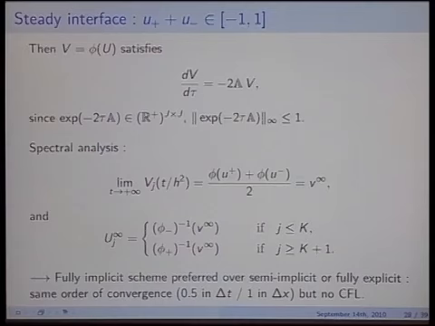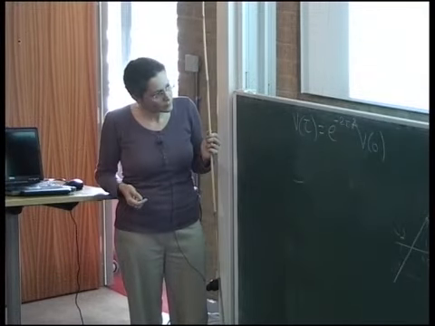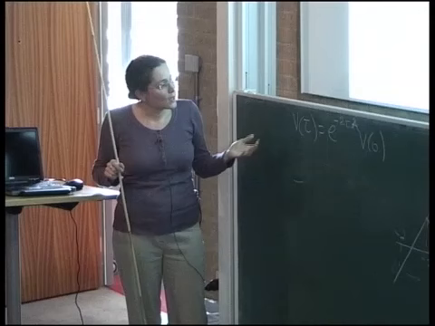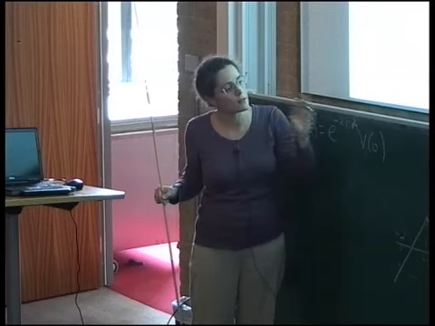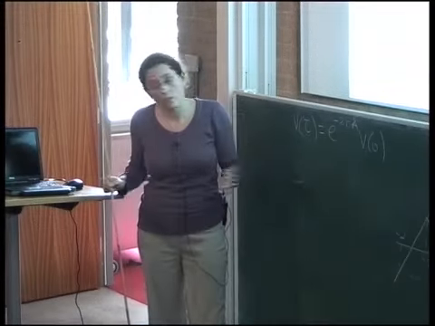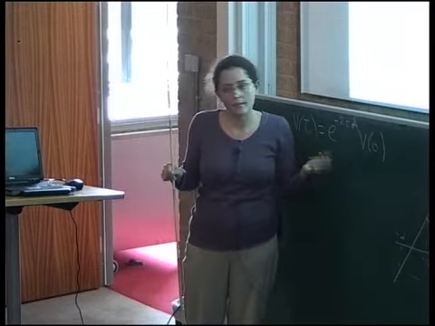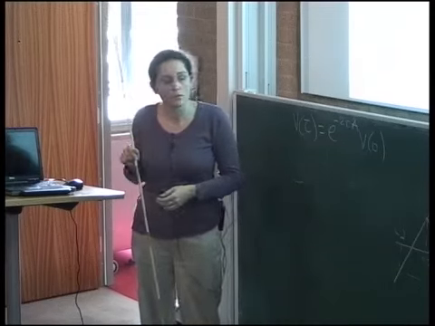You can also try fully explicit, but then you would have a classical parabolic CFL condition, of course. In any case, for fully implicit, semi-implicit, or fully explicit scheme, the order of convergence is the same. It's 1/2 in delta t, meaning 1 in delta x, under the CFL condition or not, depending on whether you need it.